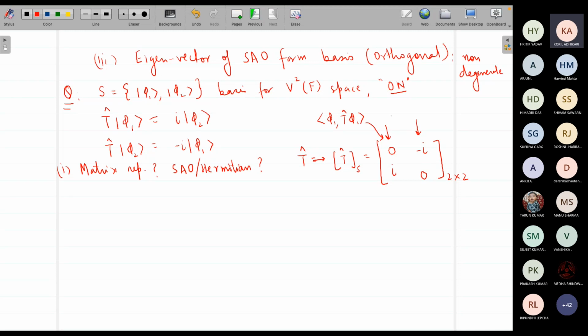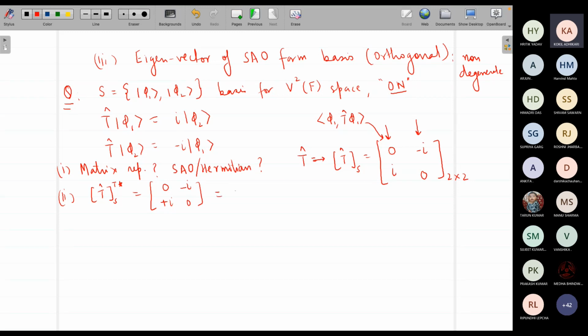Now is it self-adjoint? Yes, it is. Let's take the transpose and conjugate. The transpose gives 0, i, minus i, 0, and then taking the complex conjugate, the minus becomes plus, which is basically the original matrix.